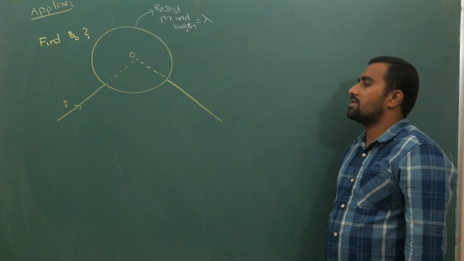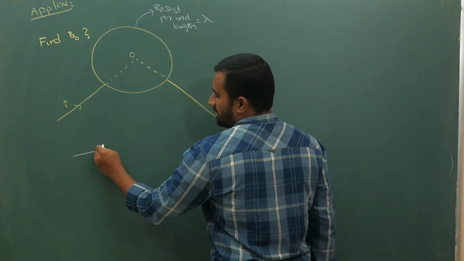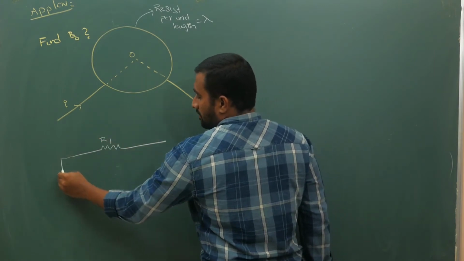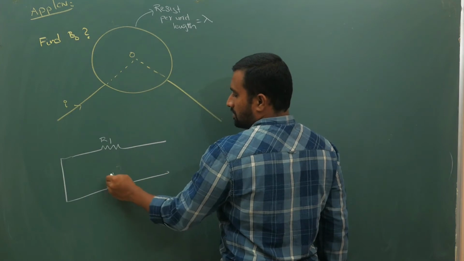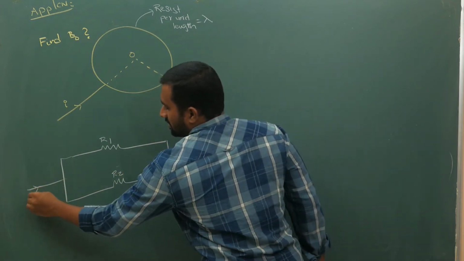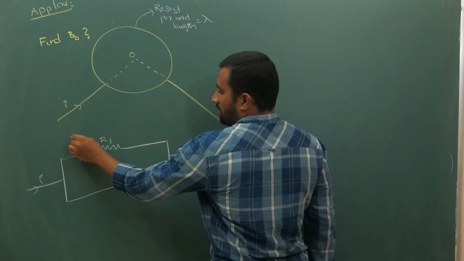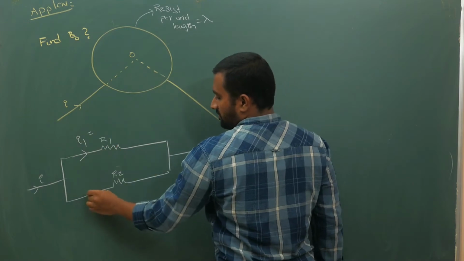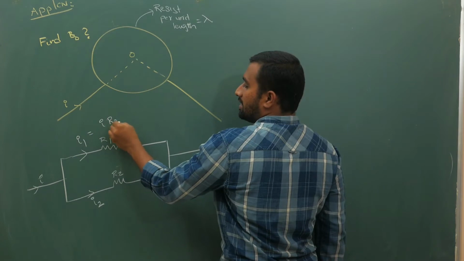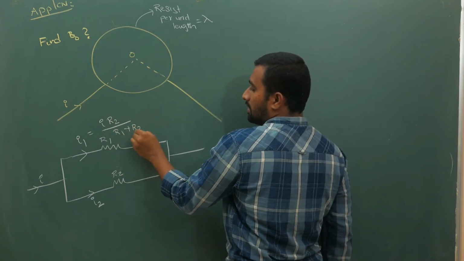To solve this question, we'll use an idea from current division. If you have a resistance R1 like this and one more resistor R2 like this, and the current is I, with I1 in one branch and I2 in the other, then I1 is I times the opposite side resistance R2 by R1 plus R2.